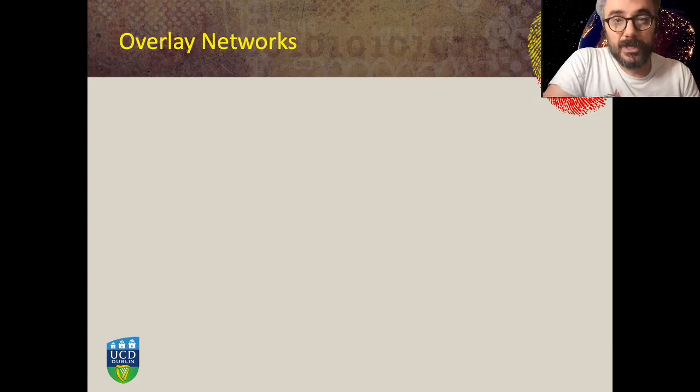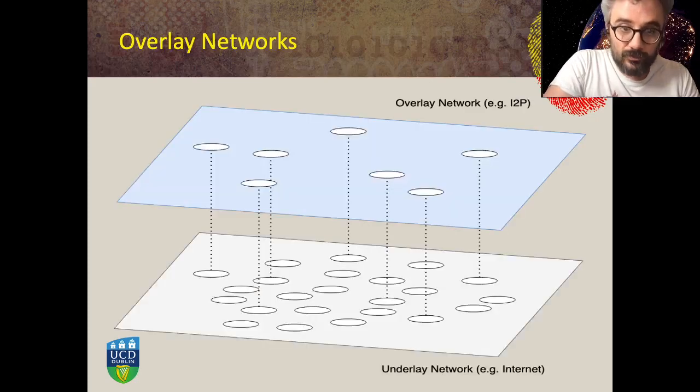But let's introduce the concept of overlay network first. In this chart, we have at the very bottom a gray plane that represents an underlay network, for example, the public internet, where a number of hosts are interconnected and communicate with each other. Among these hosts, we can have a number of hosts running a special software. These hosts form then an overlay network.